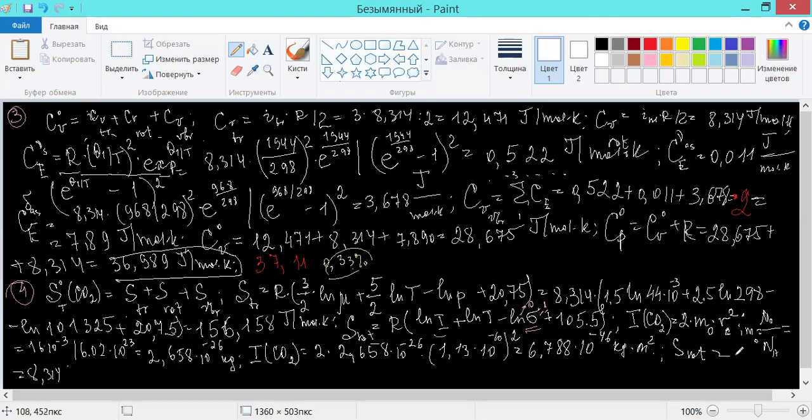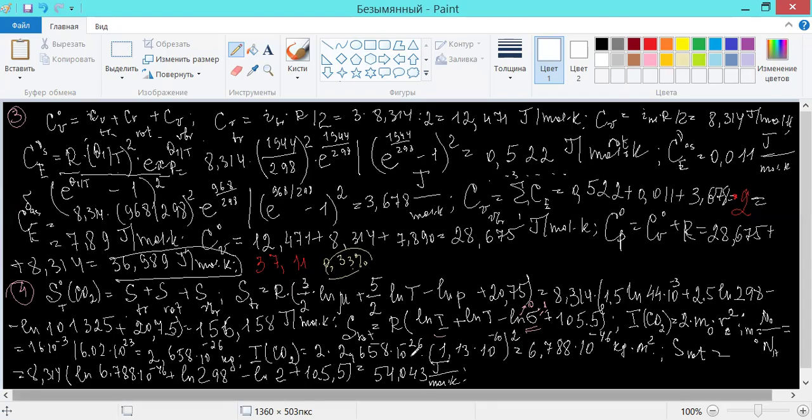Now the temperature, and we get 54.043 joules per mole per Kelvin.